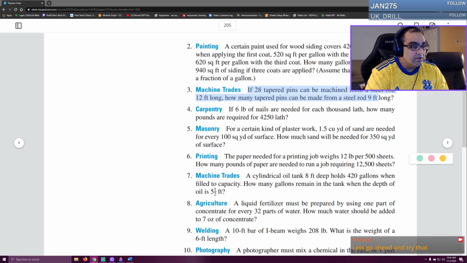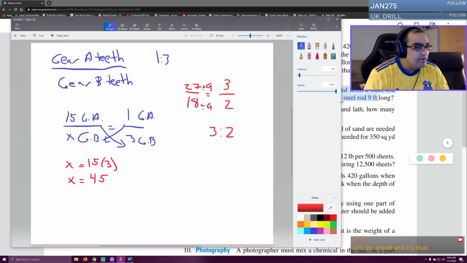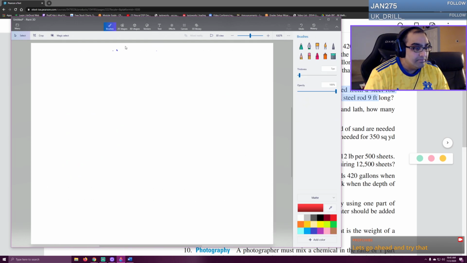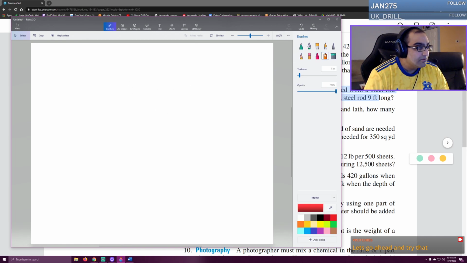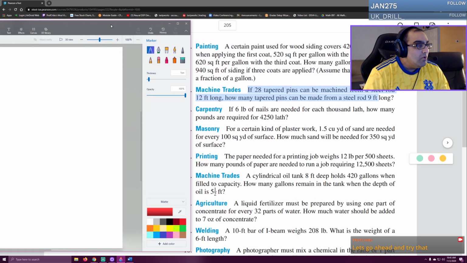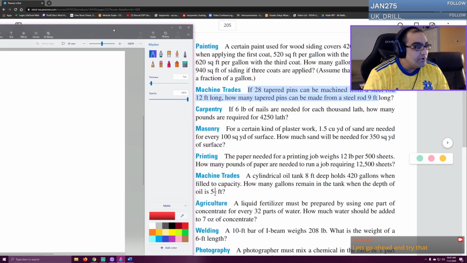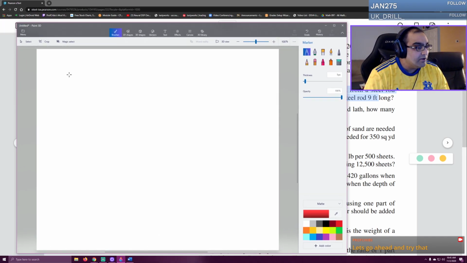All right, so what we want to do here is go ahead and set up our ratio. So 28 tapered pins and 12 feet long. So what we could do is put 28 pins on the top, and 28 pins go with 12 feet long here.